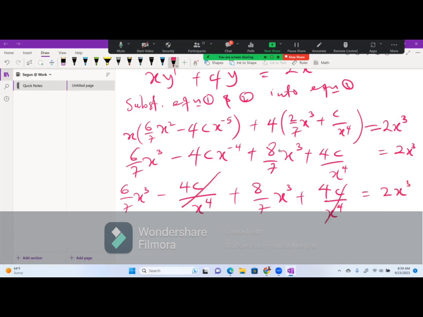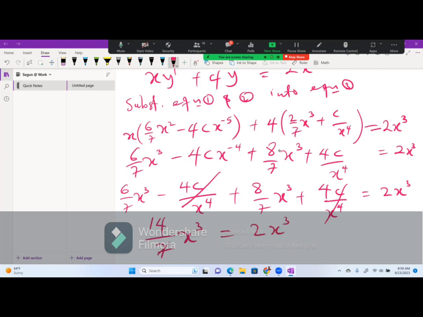This goes with this. And if the two of them go, what remains is 8 plus 6, because they all have x raised to power 3. So 8 plus 6 will be what? We have 14 over 7 x raised to power 3 equals 2x raised to power 3.